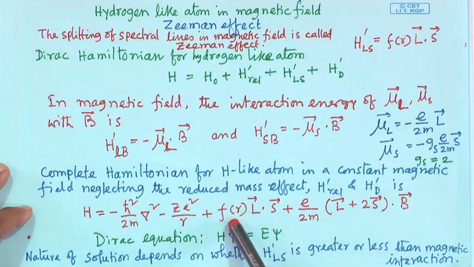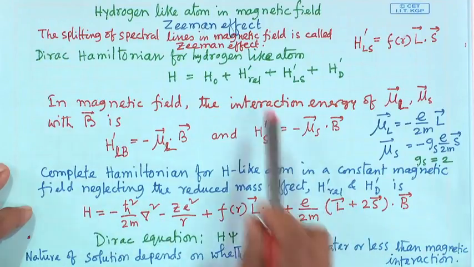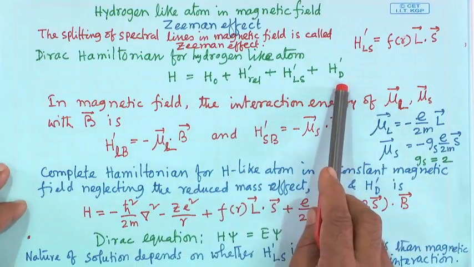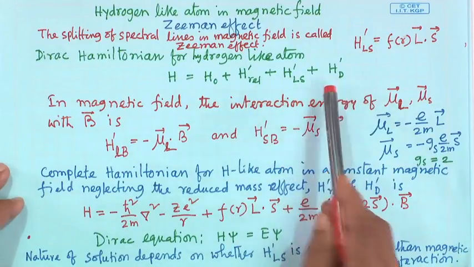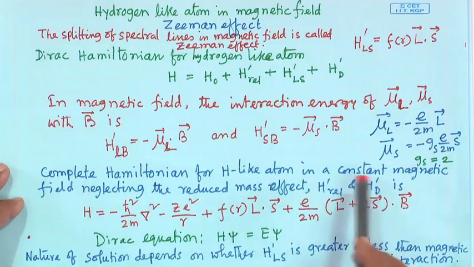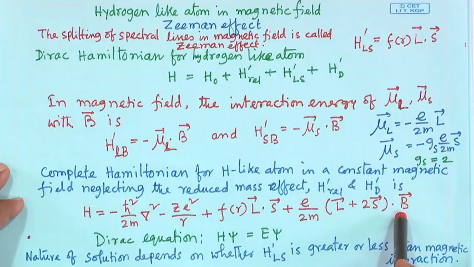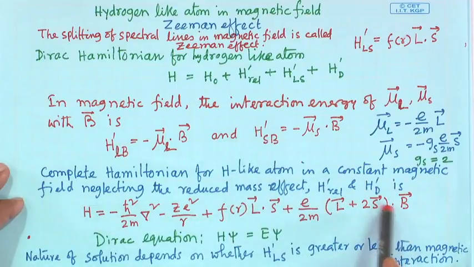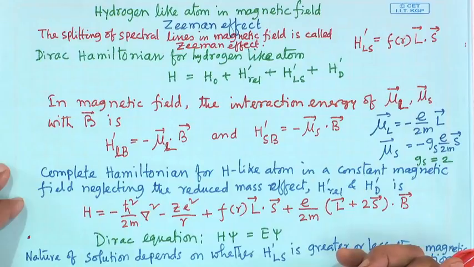Here I have excluded the relativistic term and the Darwin term, because these terms are small compared to the magnetic interaction term. The magnetic field is such that it is not very weak.